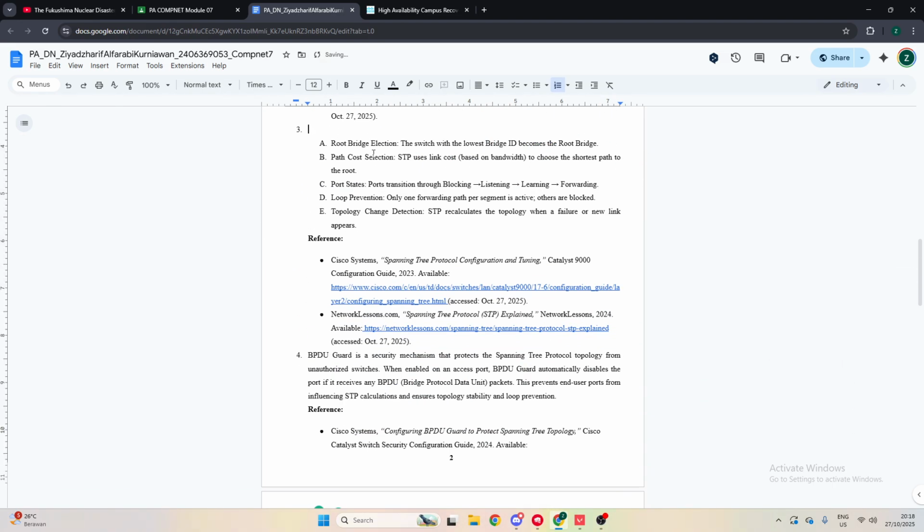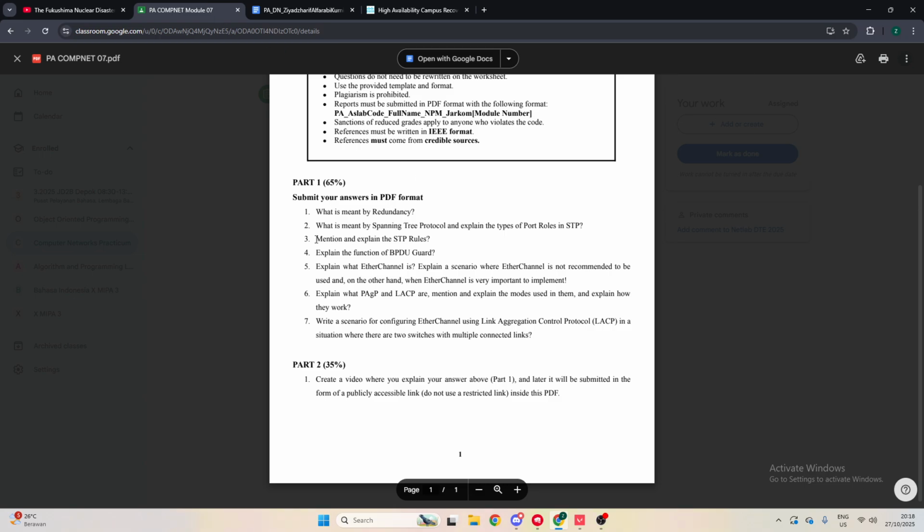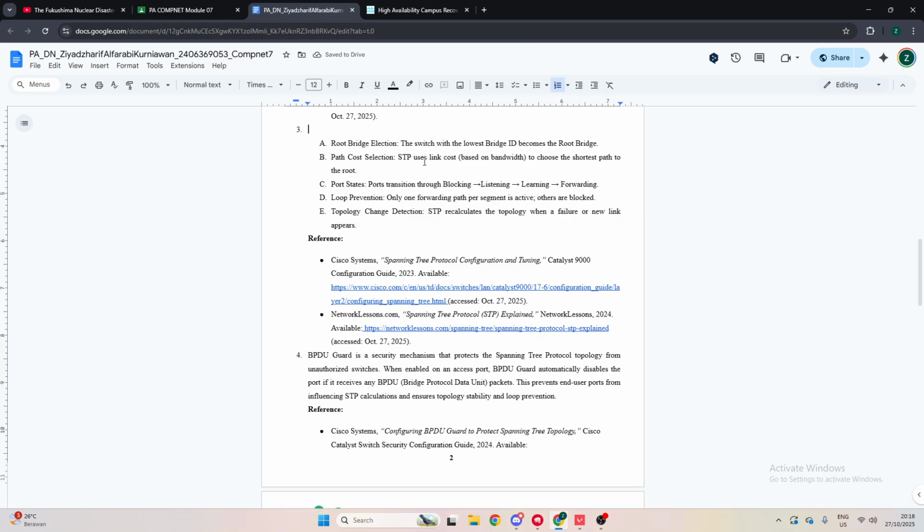Next, we have number 3: explain the STP rules. First of all, STP follows several operating rules. The first one is the root bridge election, where the root bridge is chosen by the lowest bridge ID. Then there's path cost selection, which uses STP link cost based on bandwidth to find the shortest path to the root.